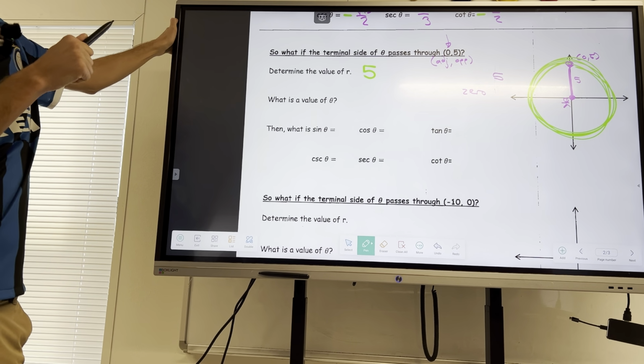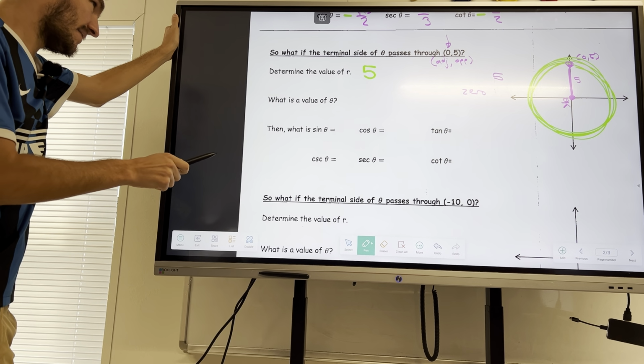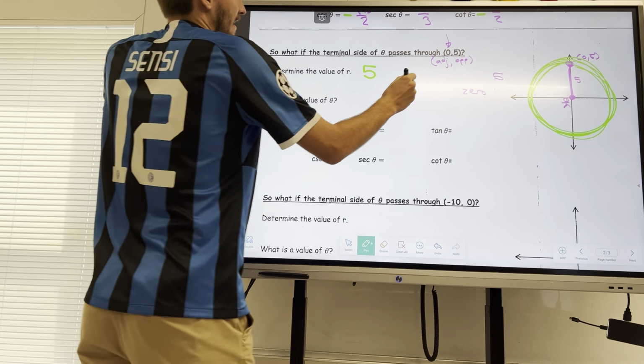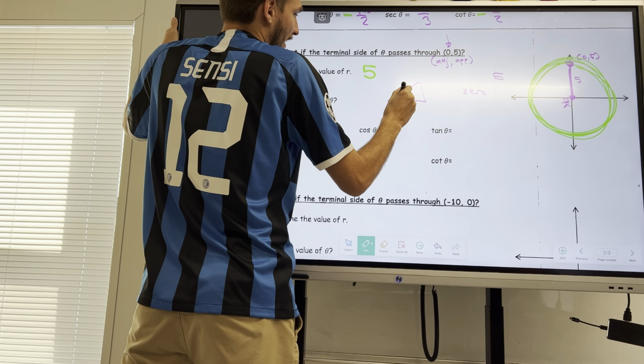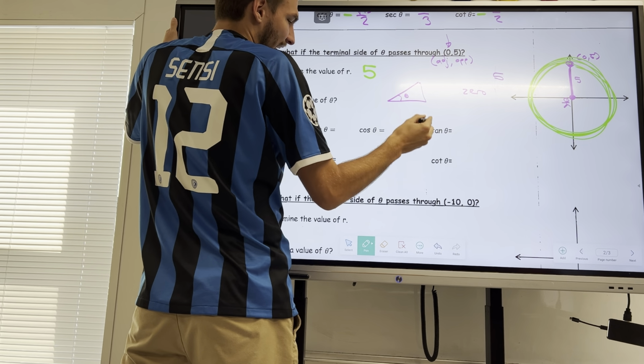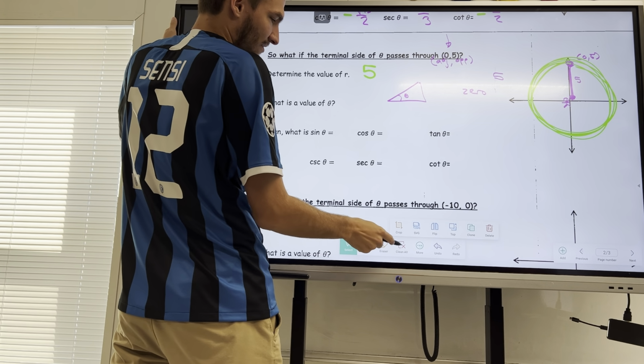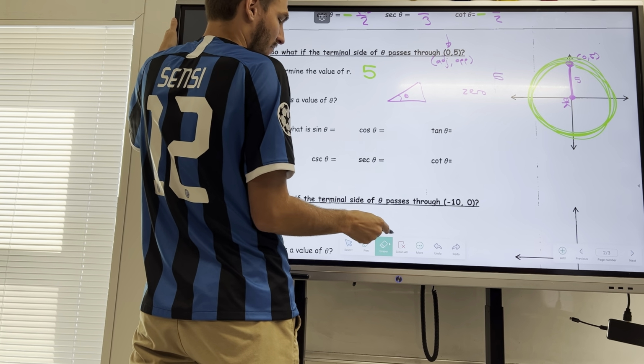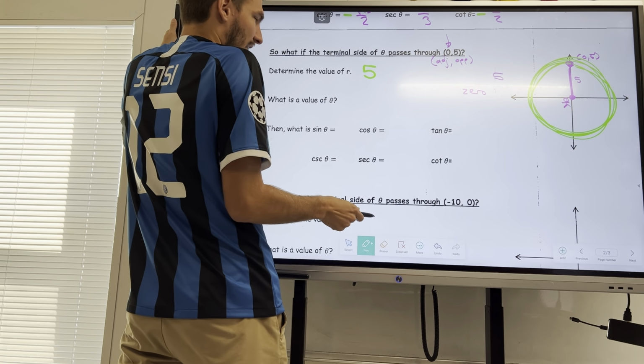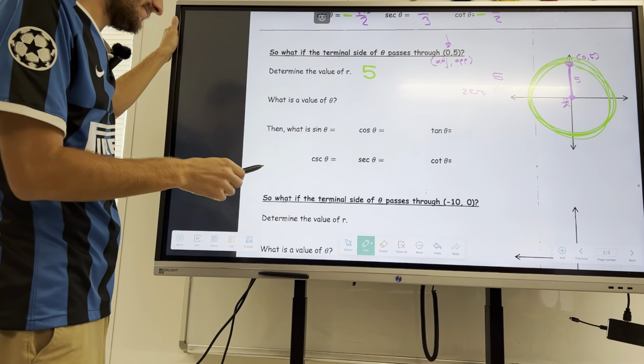Now, what is the value of theta? Well, if we draw our triangle like this, again, that theta, I don't know that I can really grab it that well since it's on a piece of paper. Our triangle is kind of busted.